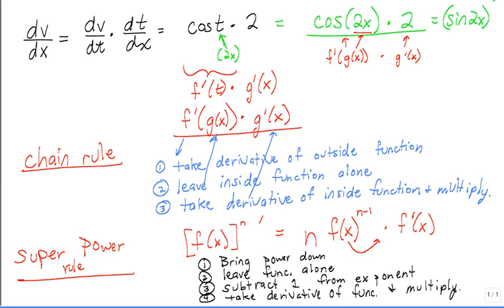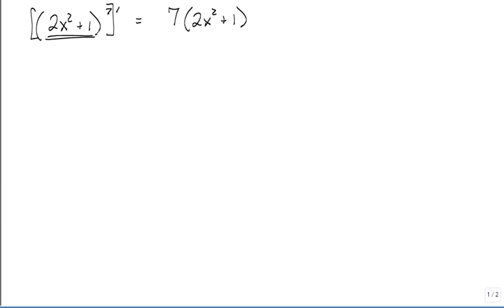Alright, so let's see how we use this. Let's take the derivative of 2x squared plus 1 to the 7th power. Bring the power down. Leave the inside alone. Okay, this is the function f. We're going to leave that alone. Subtract 1. And multiply it by the derivative of the inside function, which is 4x.